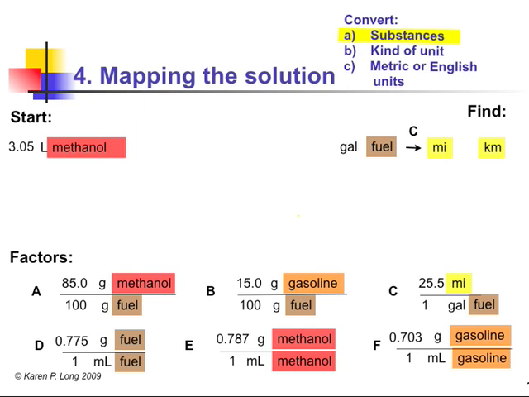You'll notice here I have the miles and kilometers next to each other because they're both distances. If the conversion factor is from the problem, I usually put a label above the arrow so I remember which factor was used. Here I have factor C, which is enabling me to convert fuel to miles so that I can then later convert miles to kilometers.